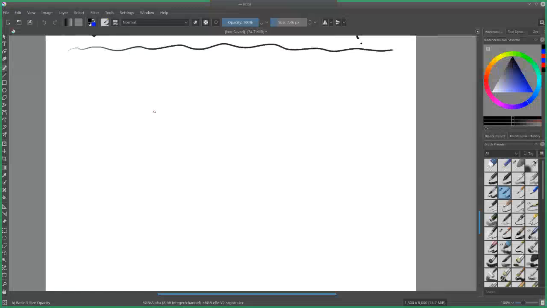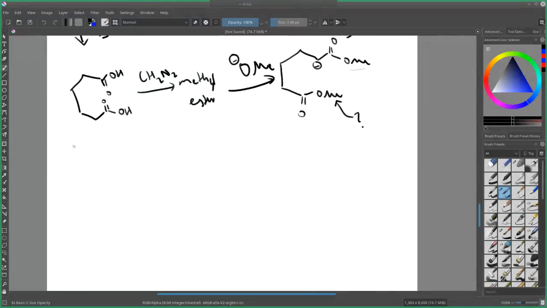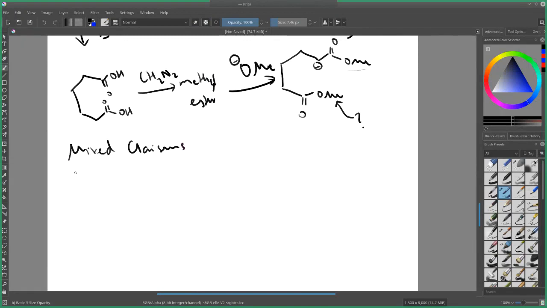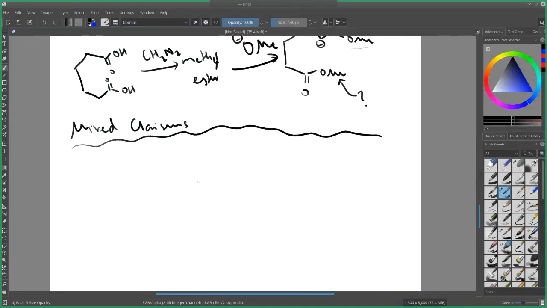Cool. So from there, the book has some stuff about mixed Claisen condensations. He talks about it a lot. There's a whole bunch of stuff about mixed Claisens. You can read about it. The idea is just that you want to limit the number of reactive hydrogens that you have, because the more reactive hydrogens that you have, the more complicated things will get, right?